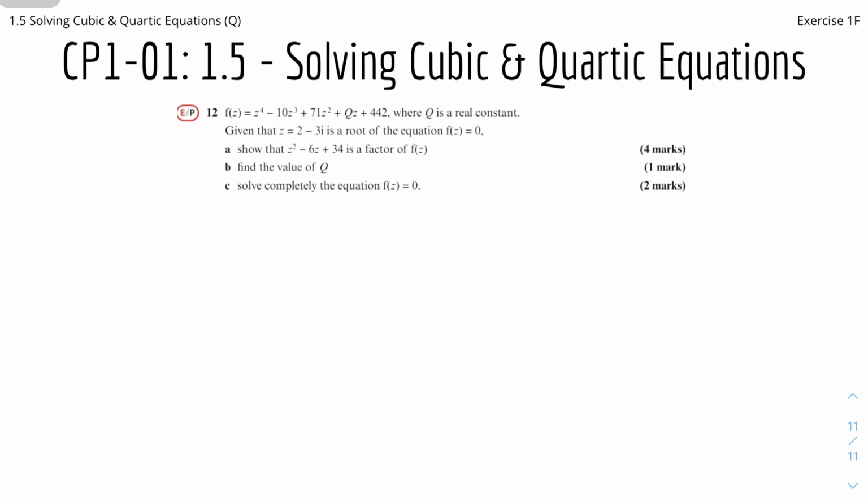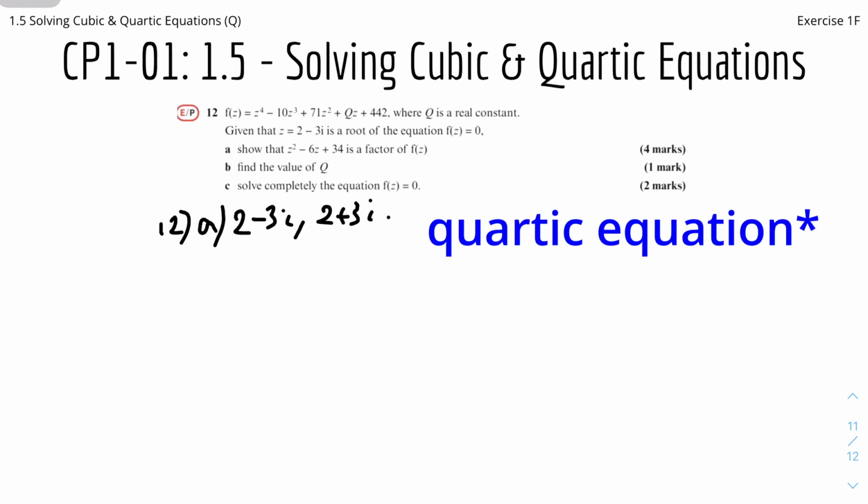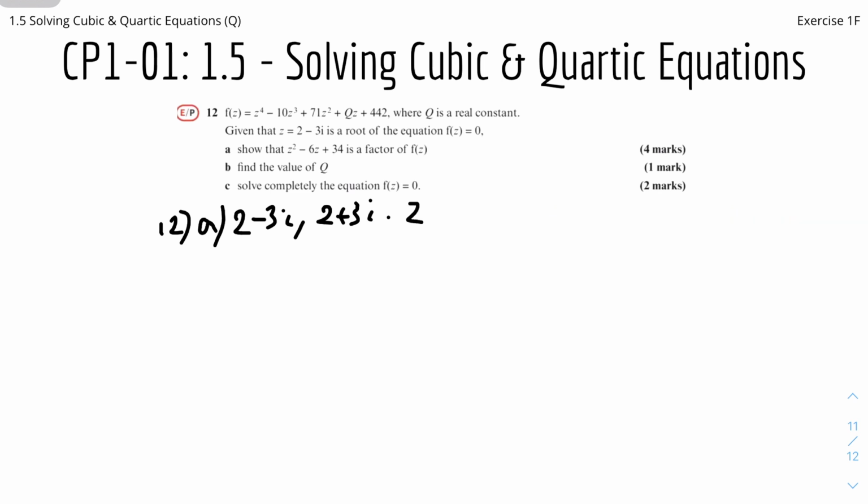So this requires a bit more steps to do. Let me write it out. We know that 2 minus 3i is a root. That means that its conjugate, 2 plus 3i, must also be a root. Therefore, if we write the quadratic equation that contains these two roots, as I said just now, the format would be z squared minus (alpha plus beta) z plus alpha beta, where alpha and beta are the roots.